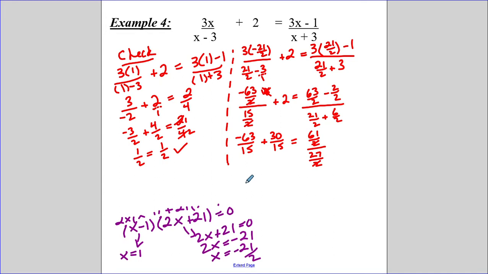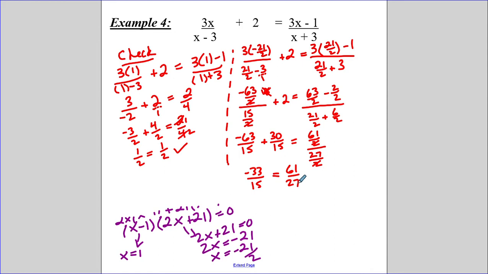So 63 minus 30 is minus 33 over 15. Does that equal 61 over 27? And so in this case, this one is a negative, and this one is a positive.